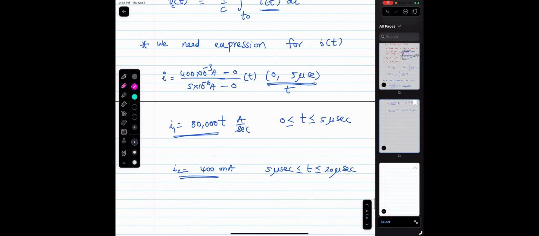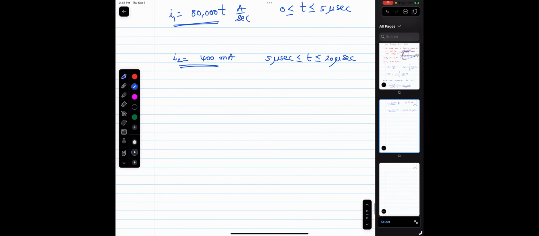So in order to find the charge, that is what we are after, Q, you take the current I1 and integrate it from 0 to 5 microseconds, because that's the current equation in that 0 to 5 microsecond time period. Then there is 5 microseconds to 15 microseconds for the current I2.